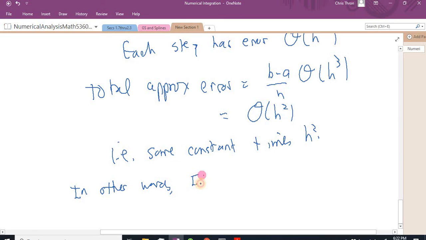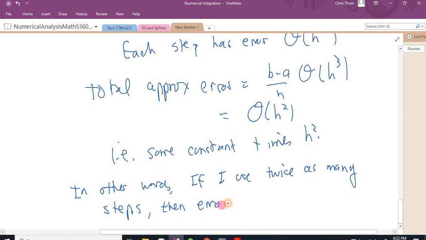if I use twice as many steps, then what happens to the error? The error gets bigger when you use more steps? Now think about it. If you have more steps, what happens to H?